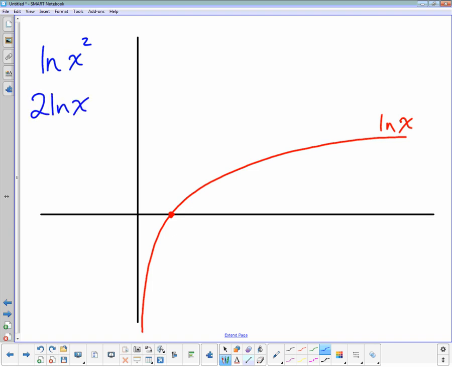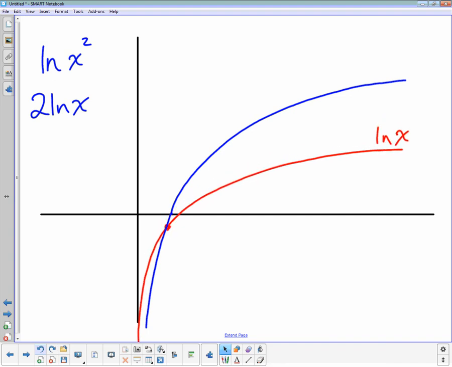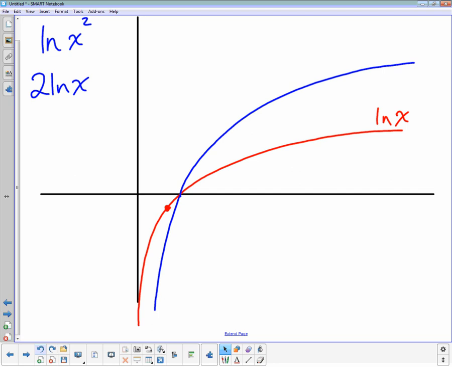And now my function, sometimes it's easier just to do it from here, is that, where that height is the same as that height. Because everything is doubled. So x squared, you can use the properties of logarithms to graph stuff. The height is always going to be doubled.